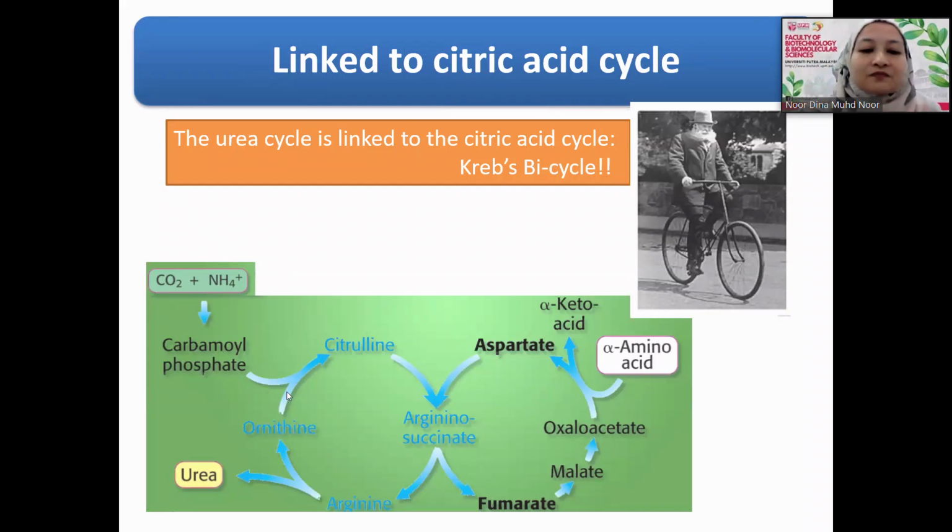We have 2 tires, right? These are the intermediates involved in the urea cycle: citrulline, argininosuccinate, arginine, and ornithine. As you can see here, argininosuccinate, an intermediate in the urea cycle, also provides an intermediate in the citric acid cycle.